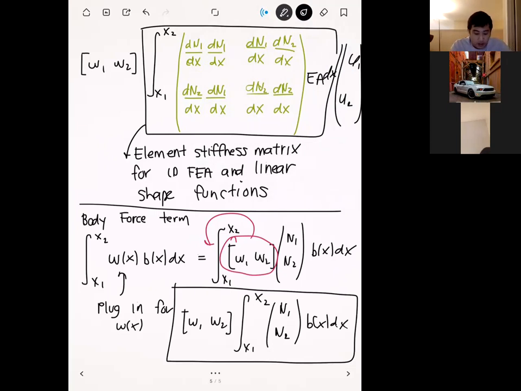Those are the two big integral expressions that we have. Any questions on this so far?